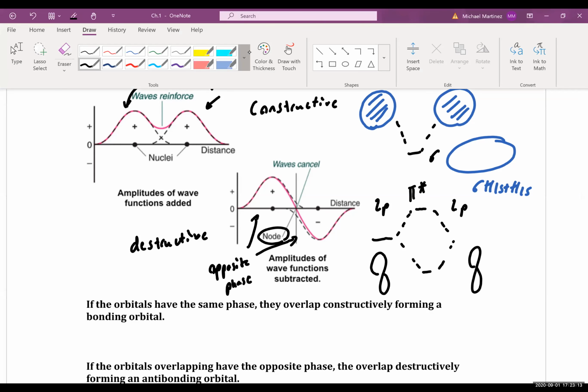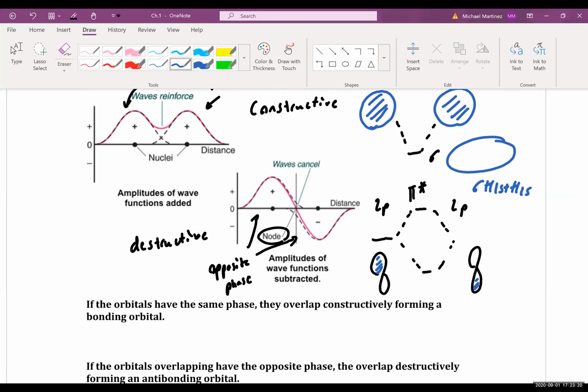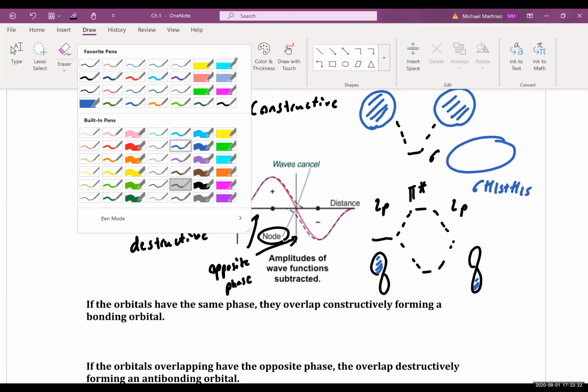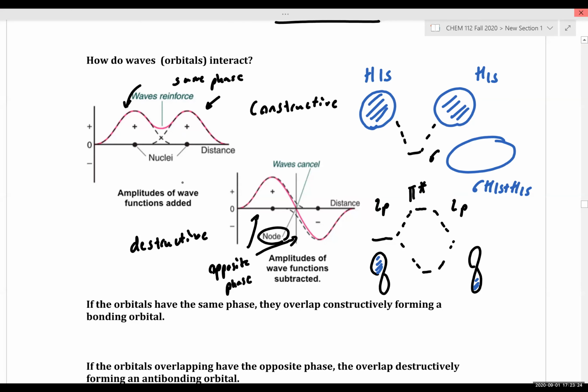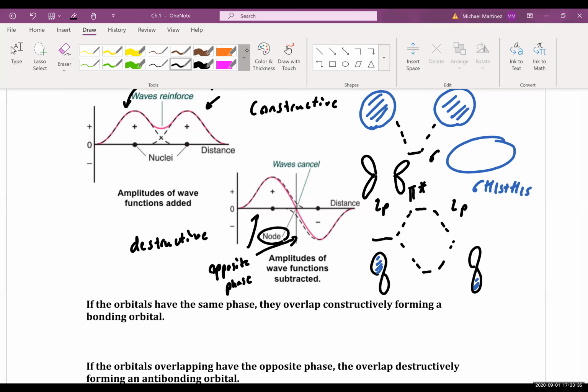Allow me one moment to color in one portion. If we attempt to overlap two orbitals with opposite phase, what we instead get is an antibonding interaction, where there is no sharing of electron density between our atoms.